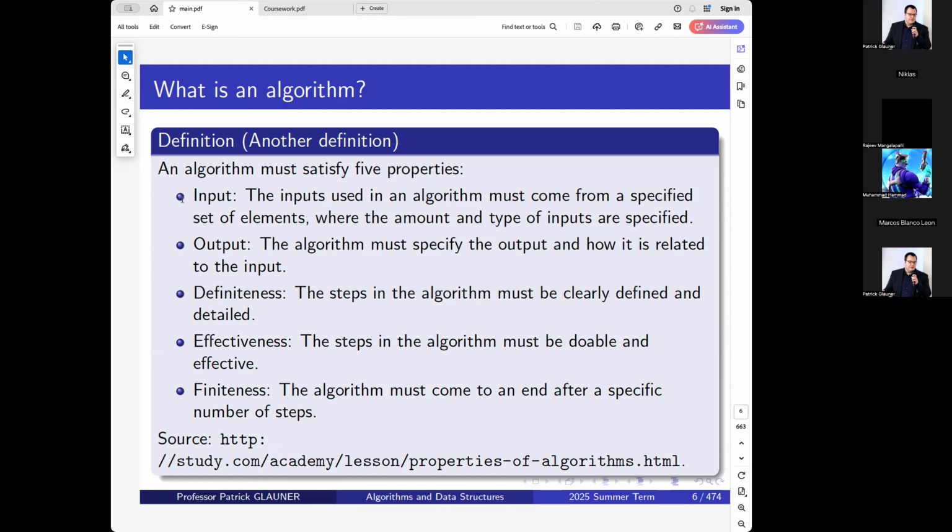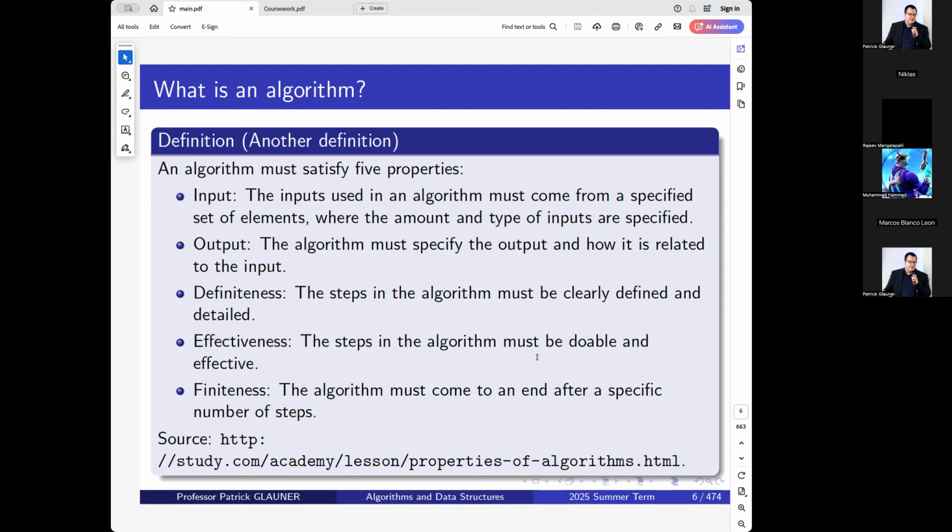The properties of the algorithm would be an input, what we put in, so which elements, which type, what amount of elements, and that we generate an output, so we would specify what the output of the algorithm would be. And then there is this term definiteness, which means that the algorithm must be clearly defined and detailed, so well defined maybe.